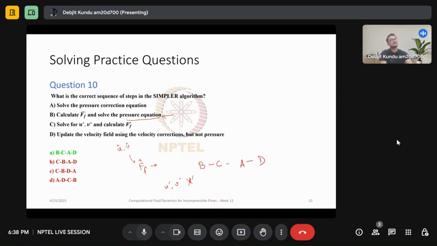So the last step is to update the velocity fields using these corrections, but not pressure, because it will be solved using the pressure equation. So the correct sequence of steps would be BCAD.